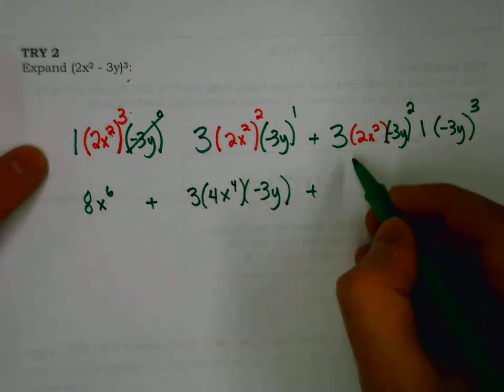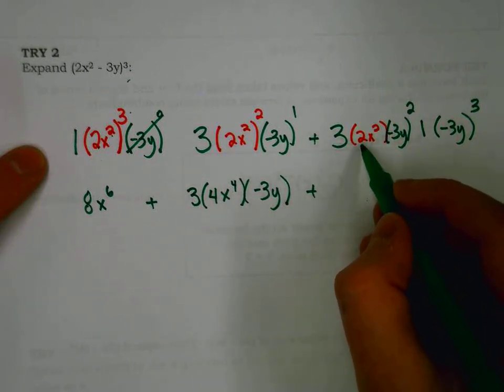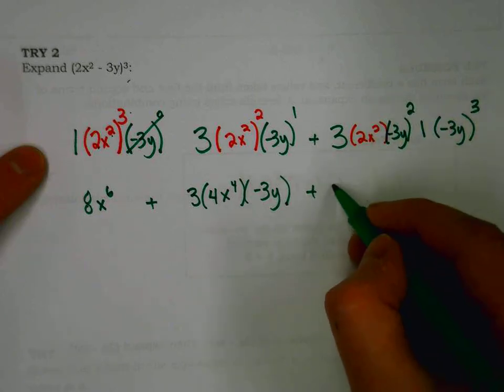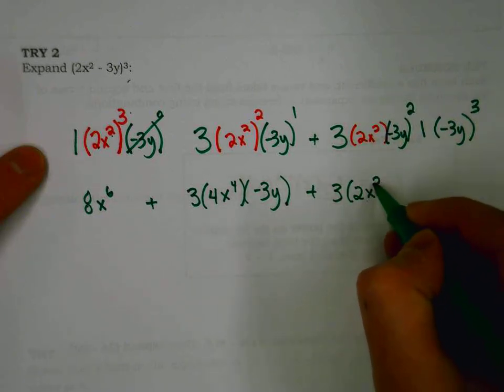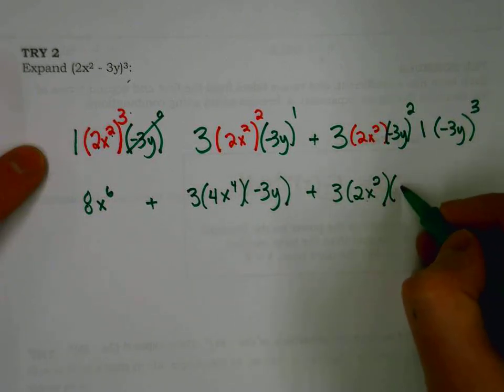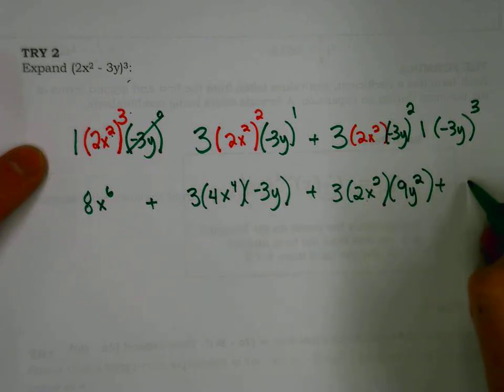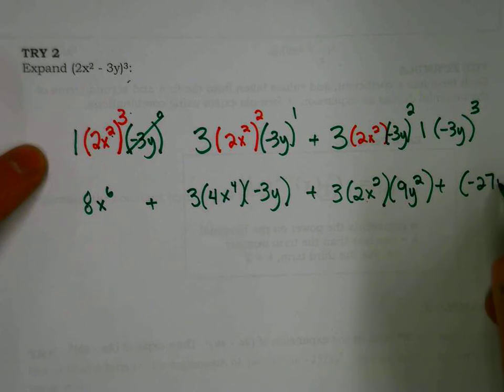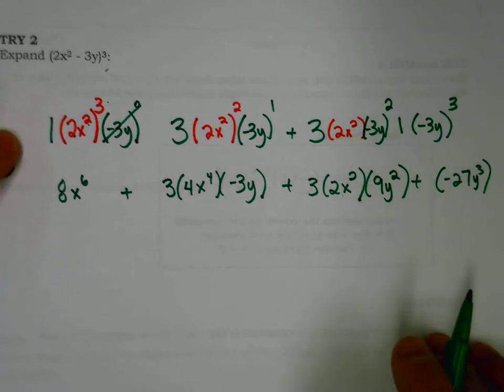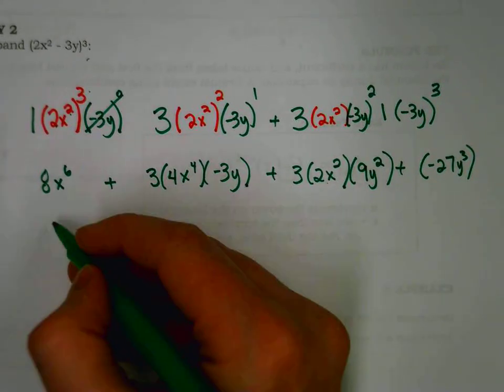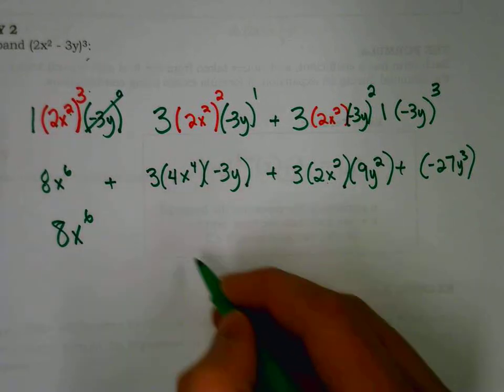plus a 3 times a 2x squared times a negative 3 squared, or a positive 9y squared, plus a negative 27y cubed. So let's just tidy this up slightly and get to a final answer. 8x to the 6.